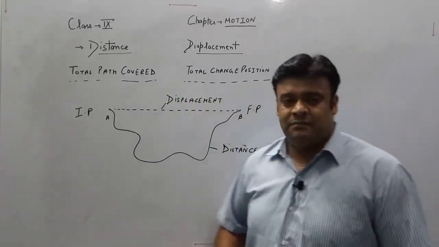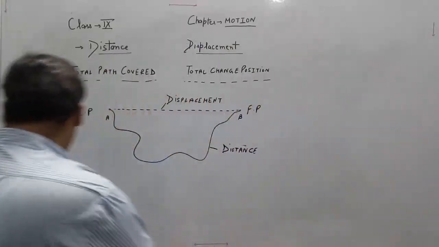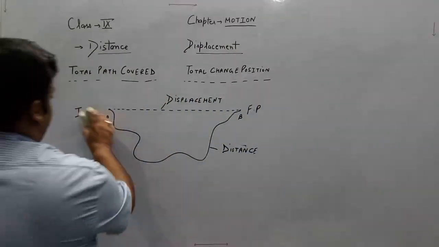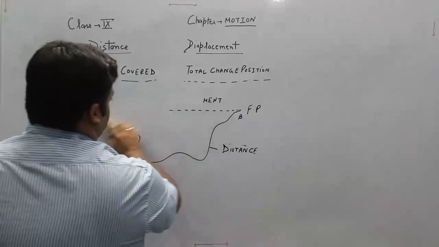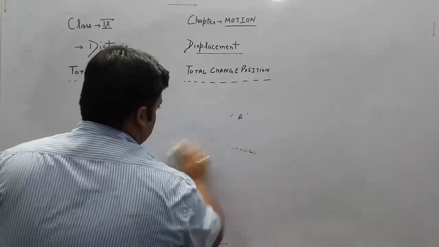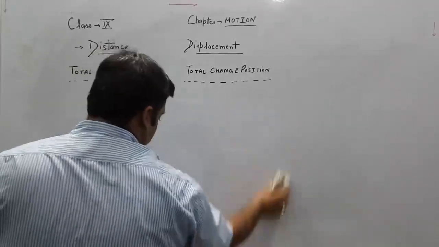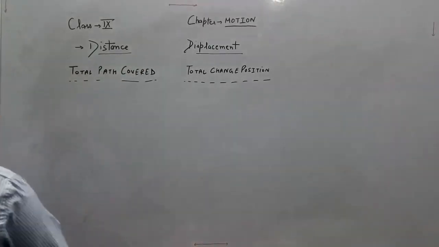We'll take one more example to understand it. Suppose instead of this path, the object is moving in a circular path.